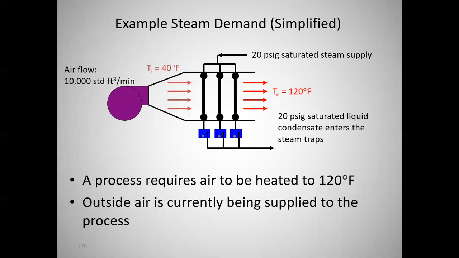The coils in this HVAC unit are being supplied 20 psig saturated steam, so that's probably our low pressure header. Then we've got 20 psig saturated liquid condensate that's condensed in those coils, which goes to the traps and then to the condensate return system. And the airflow is 10,000 standard cubic feet per minute. So that's what we're doing.